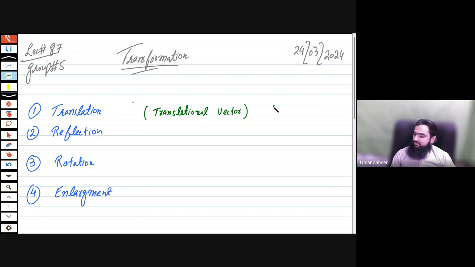All right, the vector is going to look like this. If x is positive, you have to move toward the right side. If x is negative, move toward the left side. If y is positive, move upward. If y is negative, move downward. The second thing is the reflection. For reflection, we need a line of reflection.